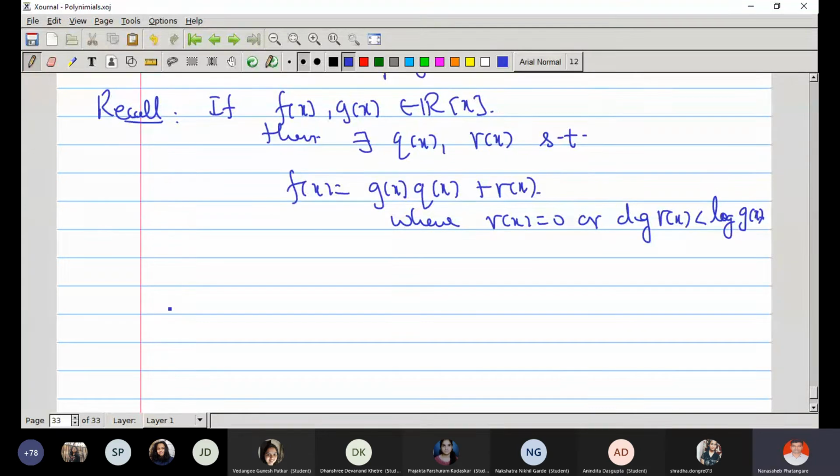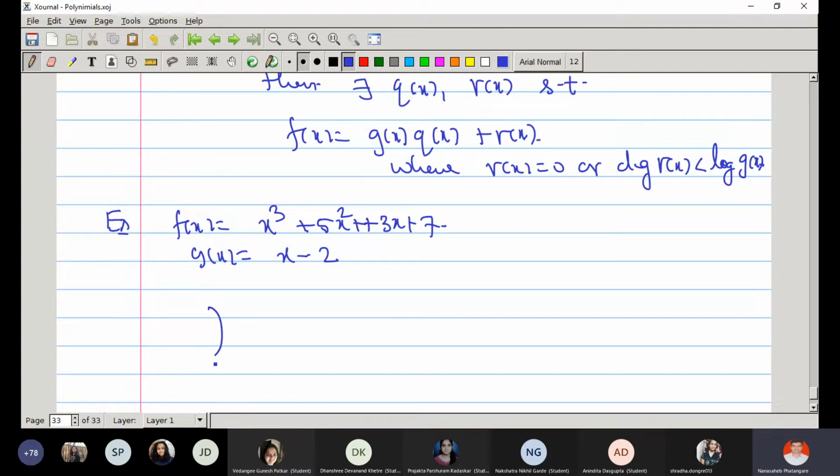Now let us see some example. If f of x is equal to x cube plus 5x square plus 3x plus 7, for example, and gx is equal to x minus 2. Now what is the remainder when we divide this polynomial by x minus 2? Let us see what is the remainder.